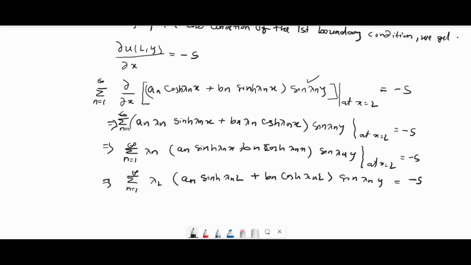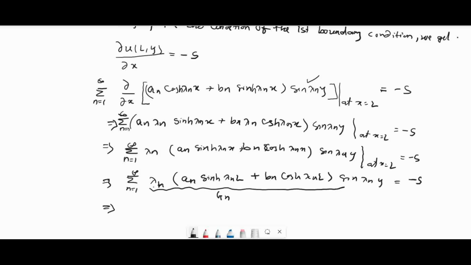Now let us take this whole term, with lambda n, as another constant, say gn. Let us take this whole term as gn. Clear for that?